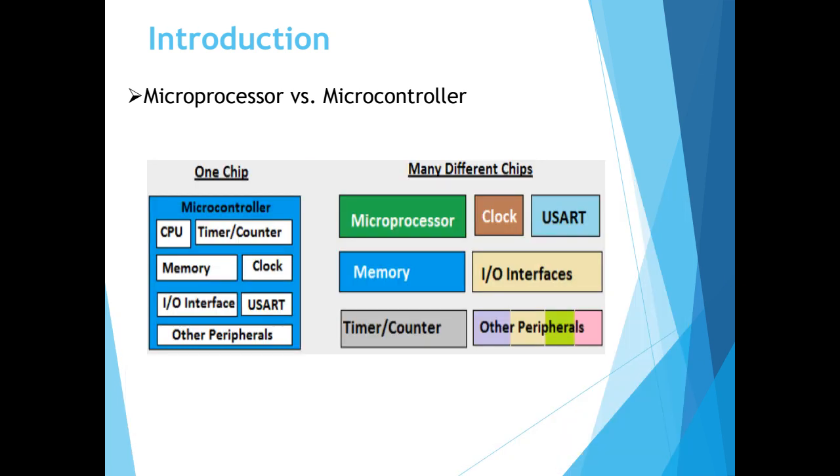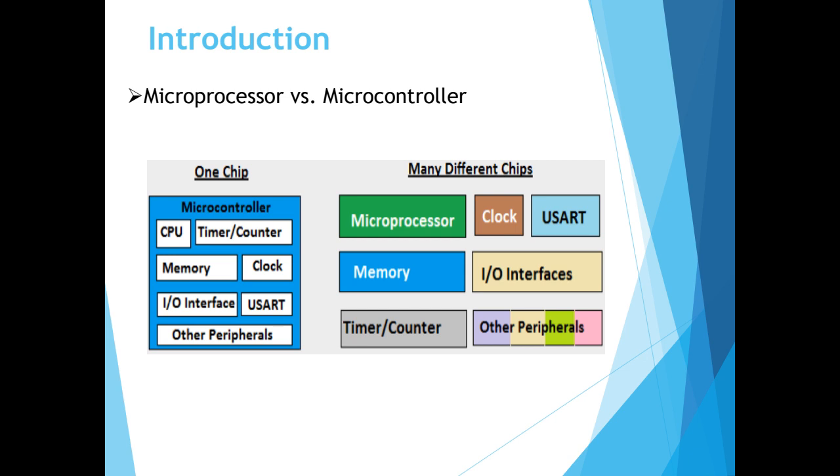Here we have two figures. The left-hand figure is related to the microcontroller, and the right-hand figure is related to the microprocessor, which is placed with other types of chips for different purposes.